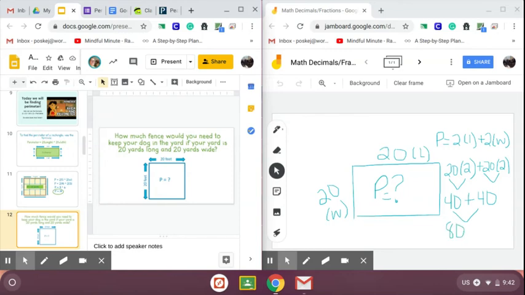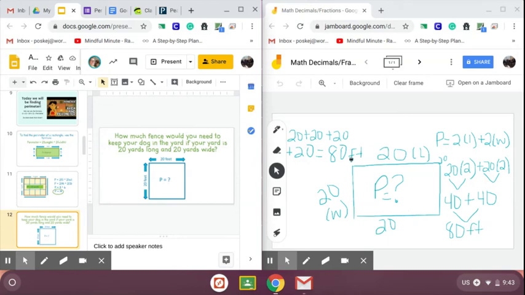Another way you can do this, 20 plus 20. And we know that if this is a square, these two sides are the same and these two sides are the same. So all four sides would equal 20. 20 plus 20 plus 20 plus 20 is also 80. And it would be 80 feet. So that's how you would do that.